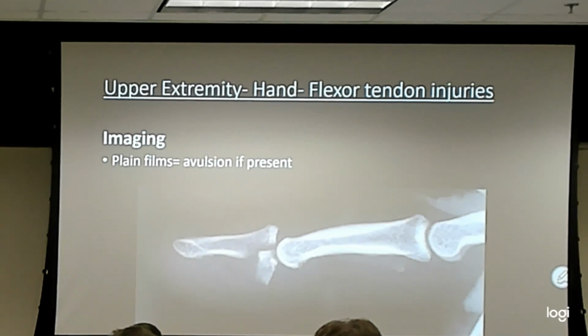So with this particular one, right here is where the extensor tendon attaches. Can you appreciate how this portion is really not in congruity with the joint? It's actually being pulled dorsally because there's not enough of the part on the palmar side to counter-pull.